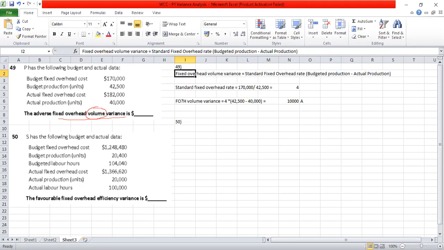What is fixed overhead efficiency variance? Take down the formula.